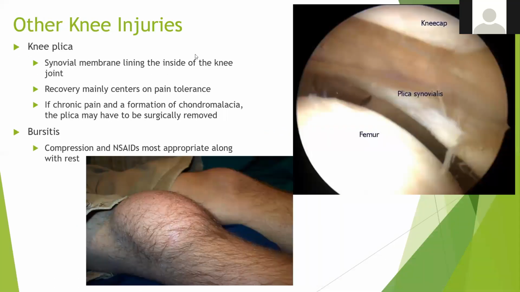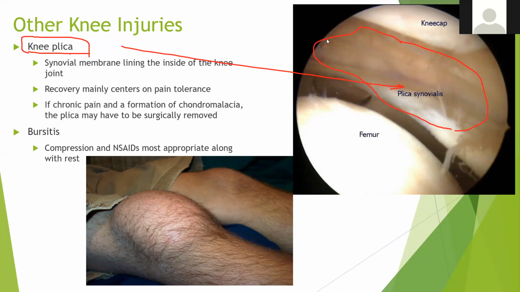Other couple things you can watch out for here: knee plica. Your plica of the knee is a kind of capsule ligamentous structure that surrounds your knee. And if you get a plica synovialis, that just means you have an inflammation of the plica.